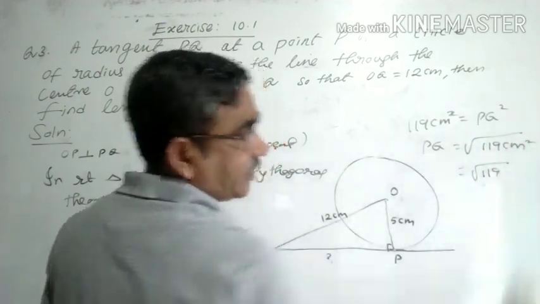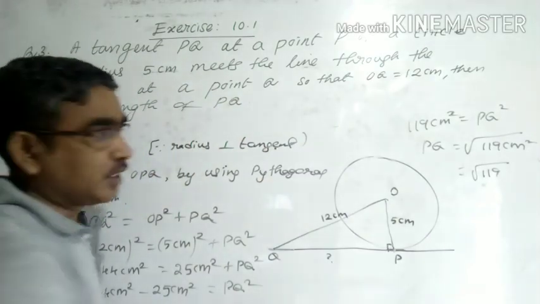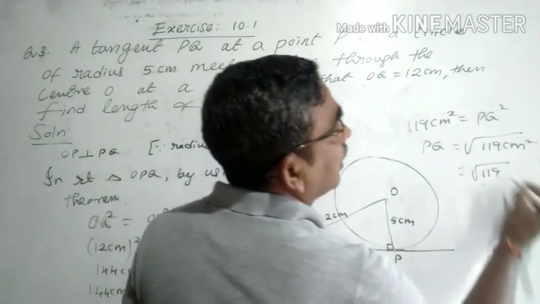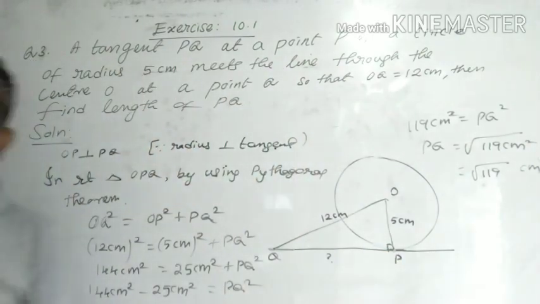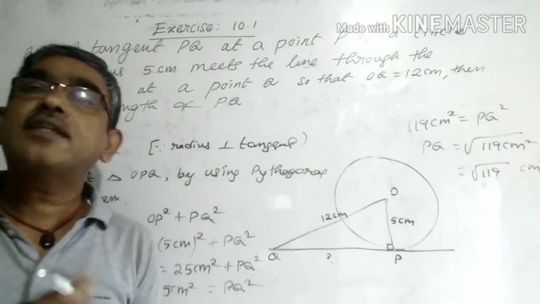We cannot find factors because 119 cannot be simplified further. So the length of the tangent PQ is root 119 cm. I hope you understand. We'll go to the next one.